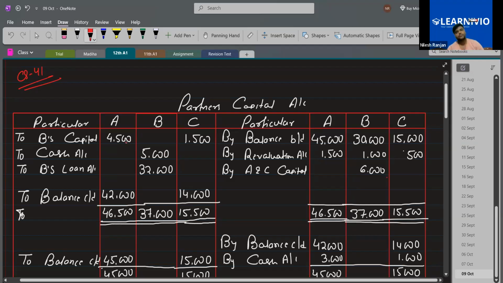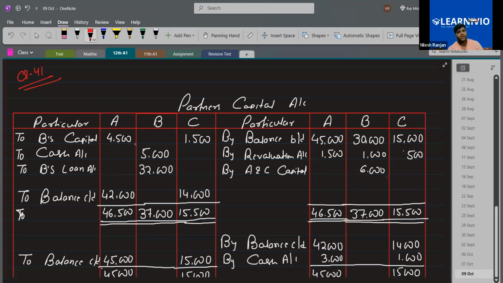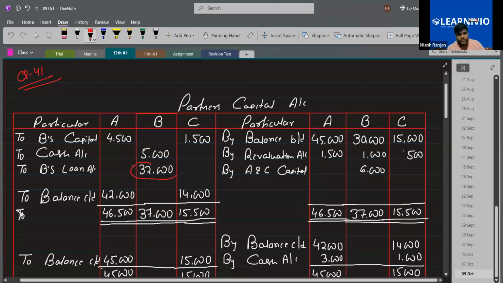This goodwill is written on the debit side of A and C capital. After that, there are no items left in capital account. There is only one payment of 5,000 to B, and the balance amount of B capital is transferred to his loan account. So the total amount of B is 37,000, 37,000 minus 5,000, so 32,000 is transferred to his loan account.